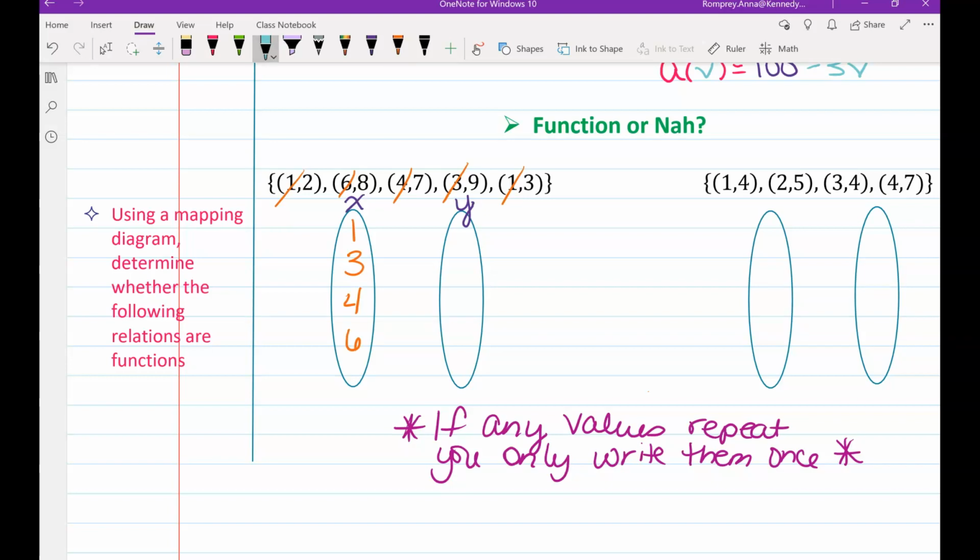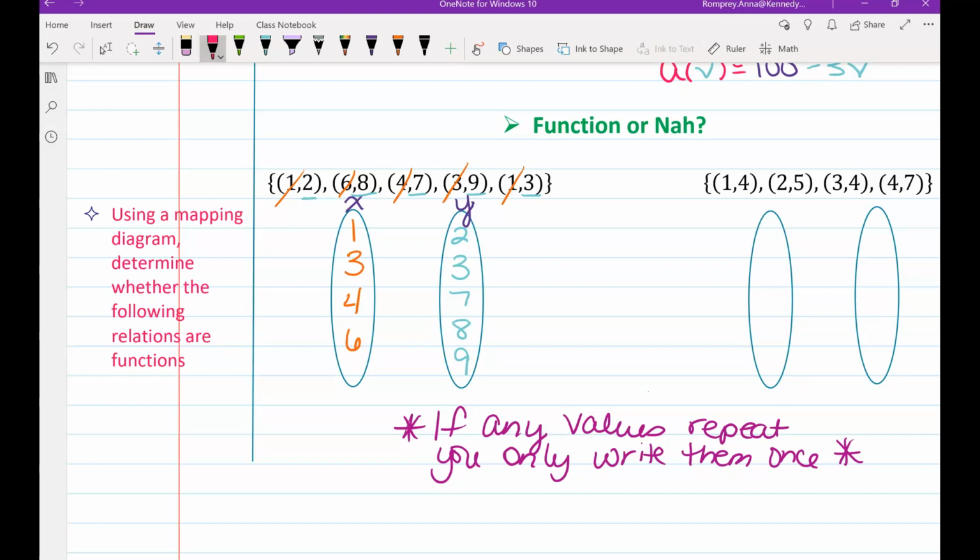So now let's look at our outputs, our y values. 2, 8, 7, 9, 3. Okay, so the smallest is 2, then 3, 7, 8, and 9. To use a mapping diagram, we're going to map what inputs go with the outputs.